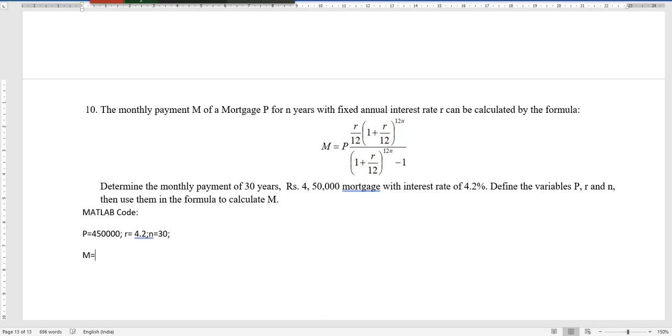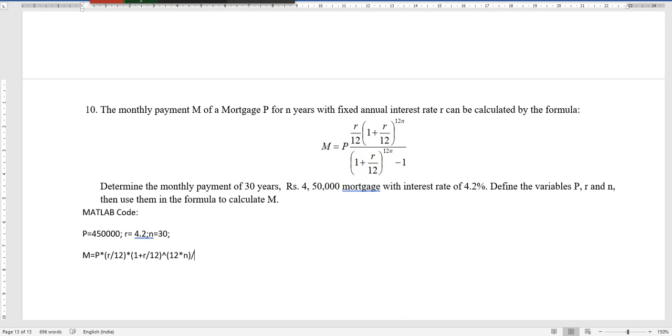Capital M equals to P into, now use bracket, R by 12. Okay, I will close the bracket. Then again bracket 1 plus R by 12, power, bracket 12 into n, close the bracket. This is entirely the numerator.